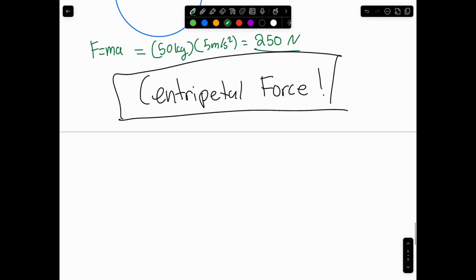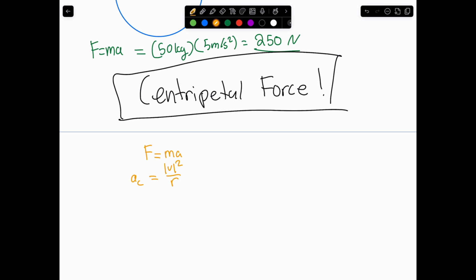Let's do some quick equation analysis here. We've got two big equations we're working with here. We've got F equals ma, or Newton's second law. We also have centripetal acceleration is equal to speed squared over r.